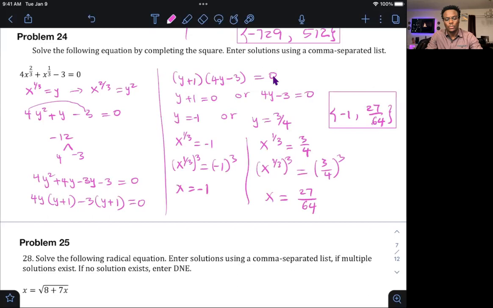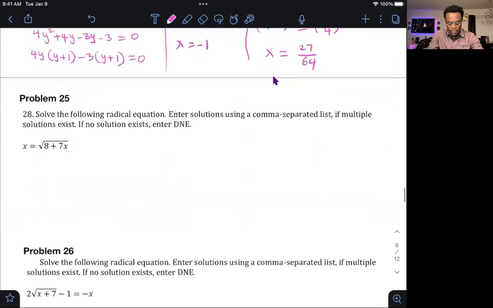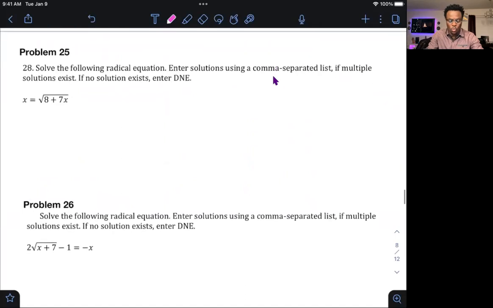Okay. Next, number 25 is where you want to solve an equation that involves a radical, more specifically a square root.